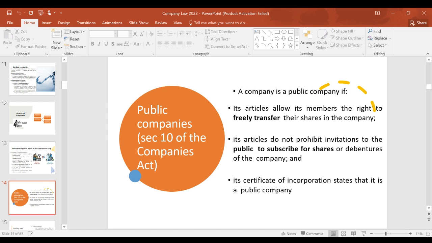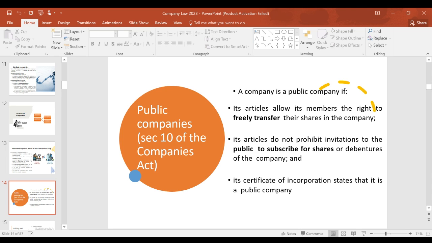Also, for public companies, when registering, its articles of association must clearly indicate that this is a public company and the members have subscribed toward the shareholding of that particular company in terms of shares or debentures of that company.